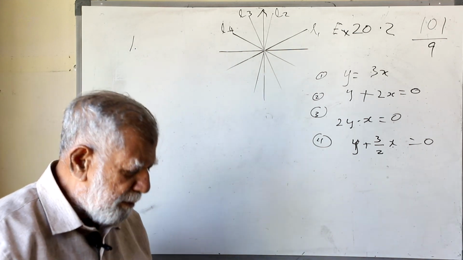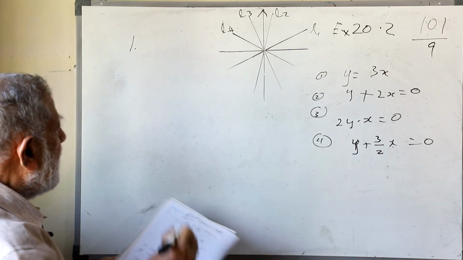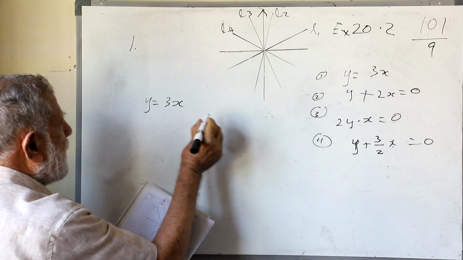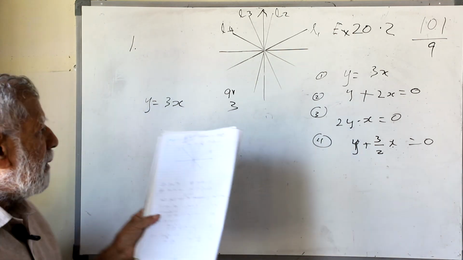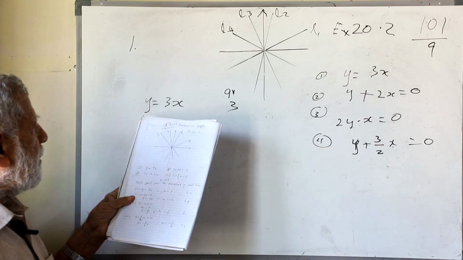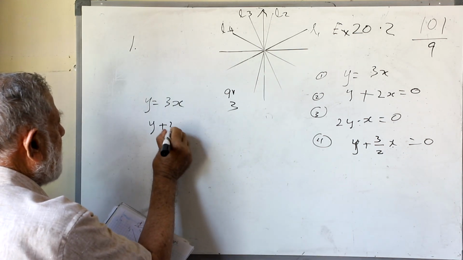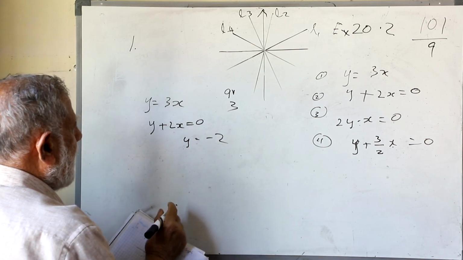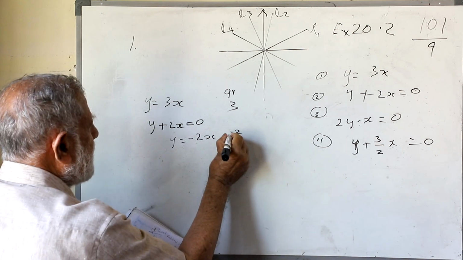First of all, the easiest method is to find out the gradients. For y equals 3x, the gradient is 3. We studied that the gradient is the coefficient of the x value in the equation. For the second one, y plus 2x equals 0, y is equal to minus 2x, so the gradient is minus 2.